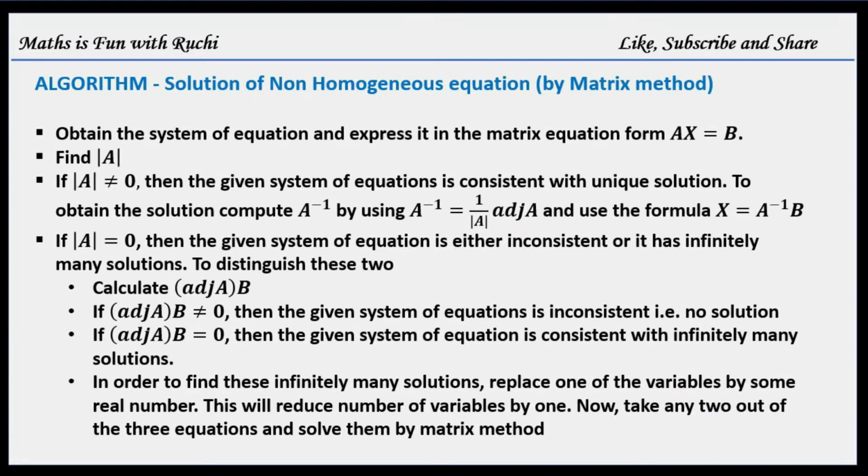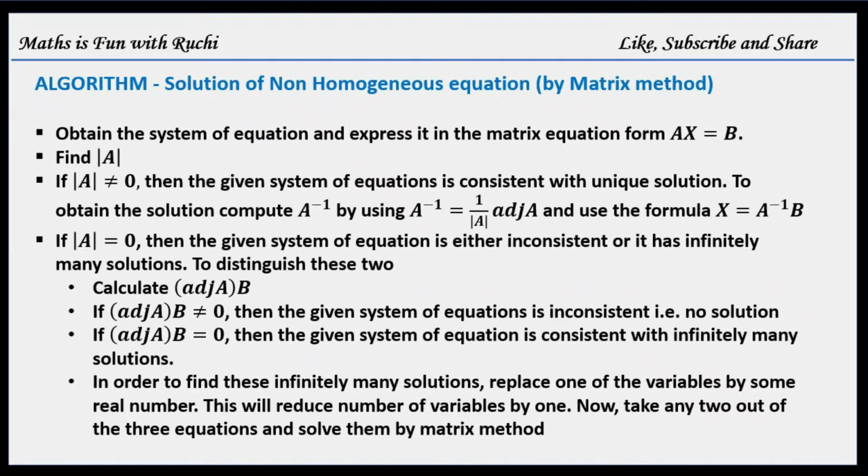But if determinant A is equal to 0, then the given system of equations is either inconsistent or it has infinitely many solutions. To distinguish these two, we compute adjoint A into B. If adjoint A into B is not equal to 0, then the given system of equations is inconsistent, that is, it has no solution.